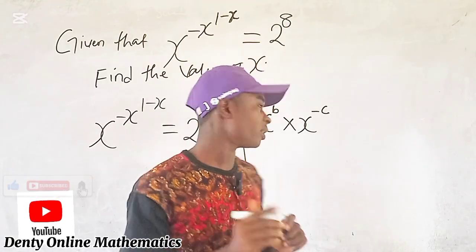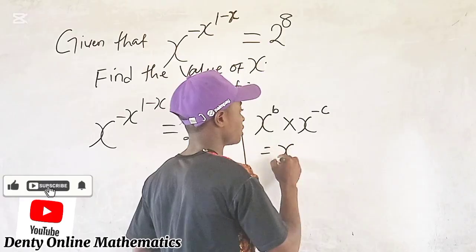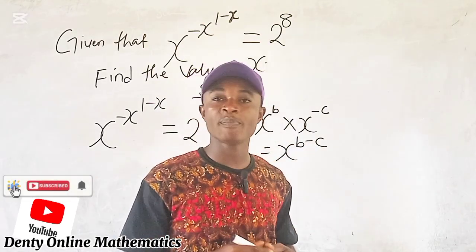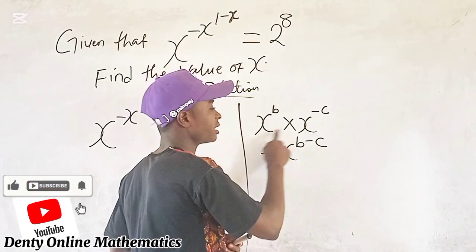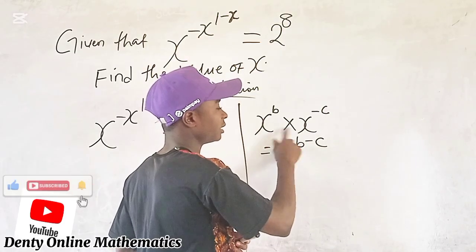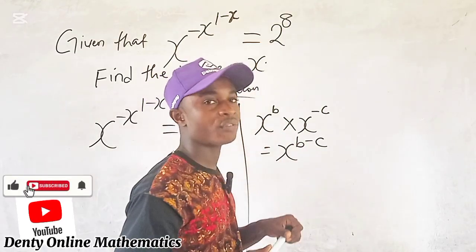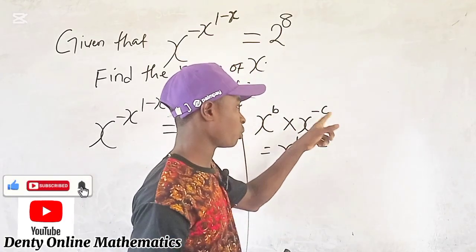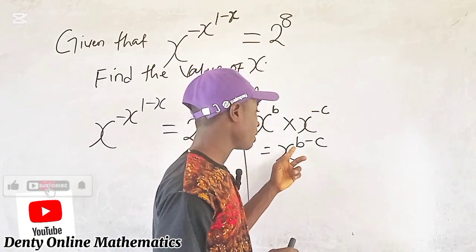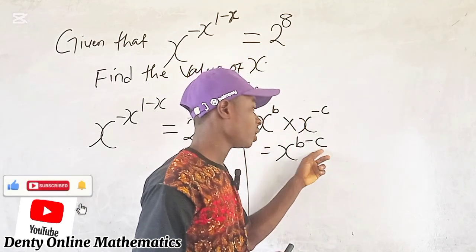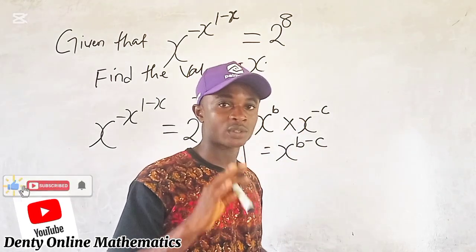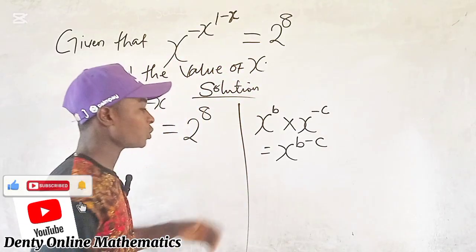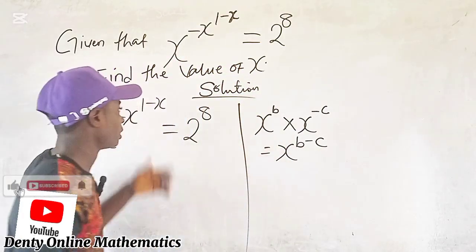You can break this down to become x raised to the power of b minus c, because when the base is the same, just as you can see, and you're multiplying, you are free to pick one of the base, which is x, and add the exponents or the powers. So if you add b plus minus c, you are going to have b minus c. You get? That's it.